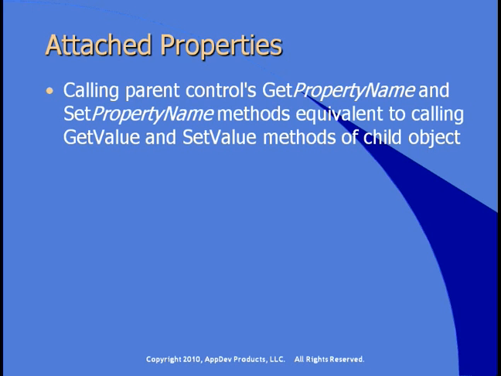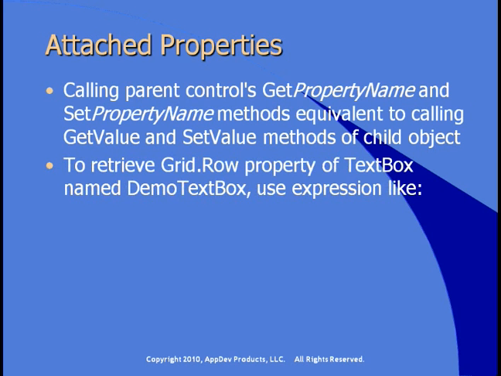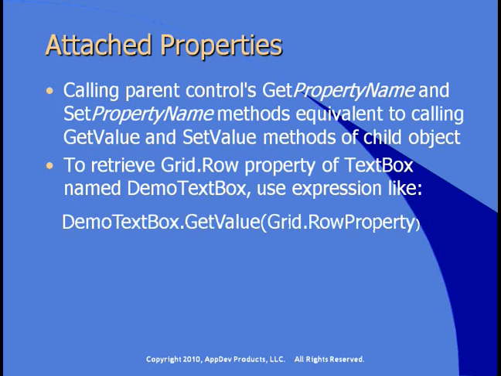Isn't this complicated? It's amazingly complicated, but it's important to understand what's going on. And to retrieve the grid.row property of a text box, whose name is DemoTextBox, you might use an expression like this: DemoTextBox.getValue, that's the method of the text box, and you pass it grid.row property. Remember, the grid has a single field named row property that you're using only to pass down to the dependency object's getValue method to get the value of that property for this control.